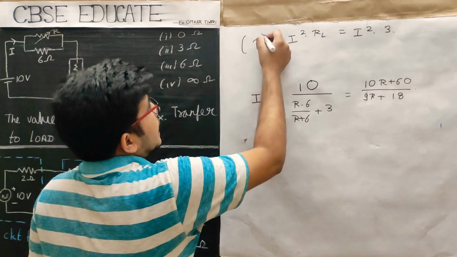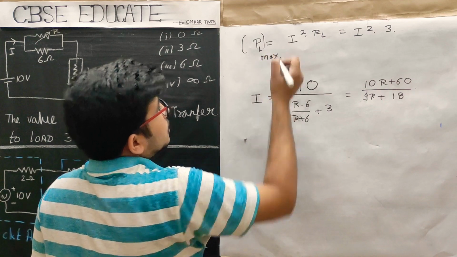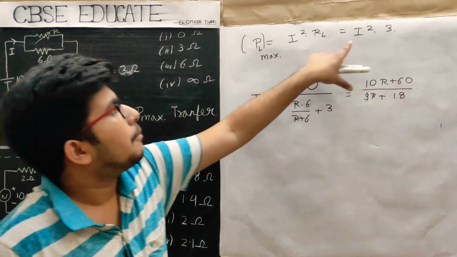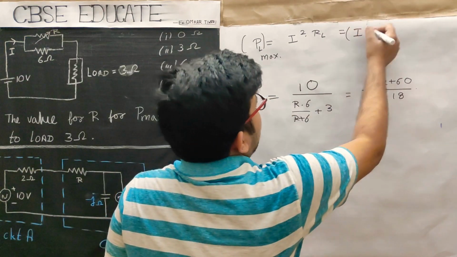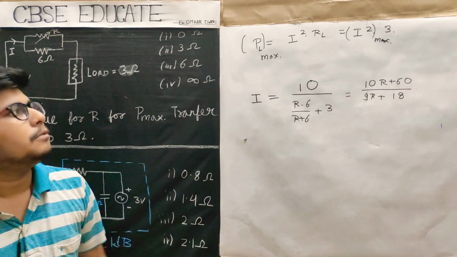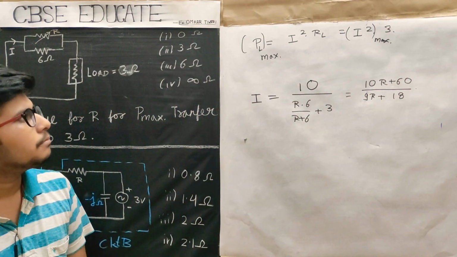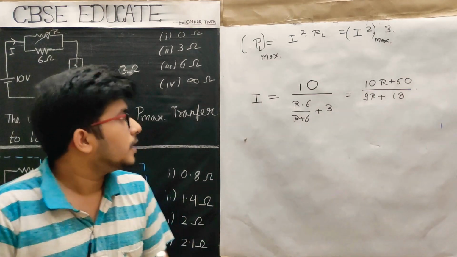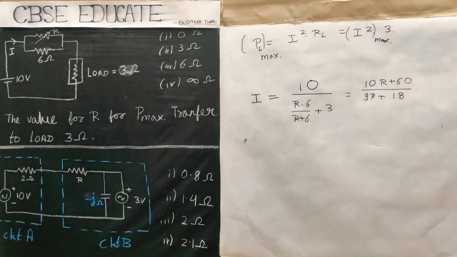The question is asking for maximum power, so you can see the maximum power depends upon the value of current. That is, the power will be maximum when the current is maximum. So what can you do to find the maximum current so that you get the maximum power?